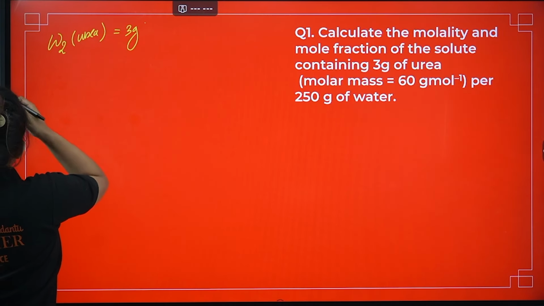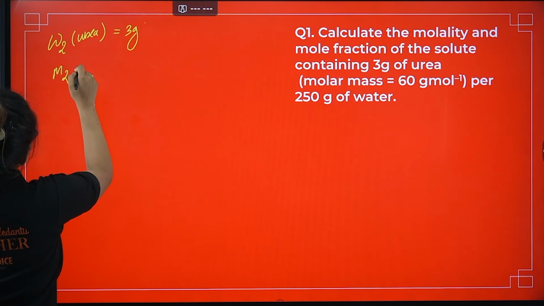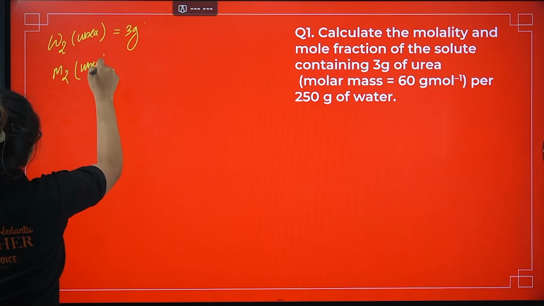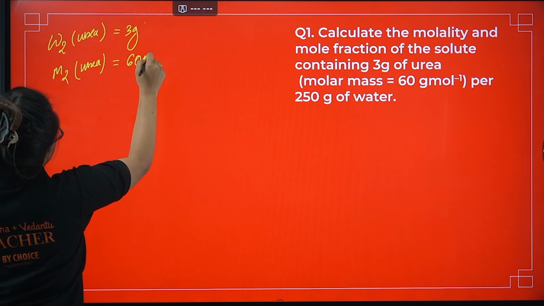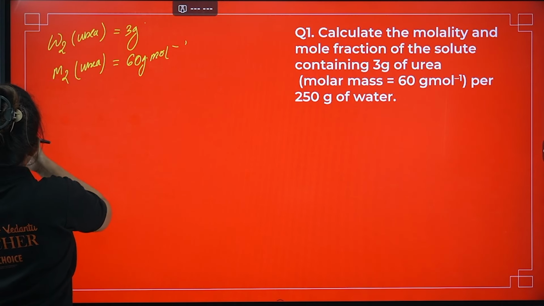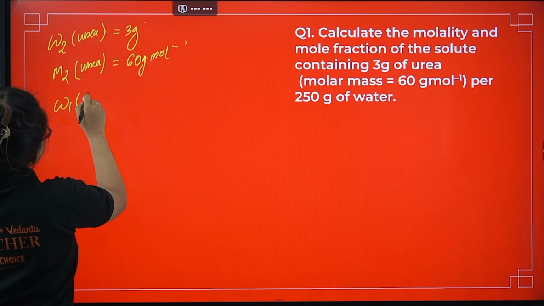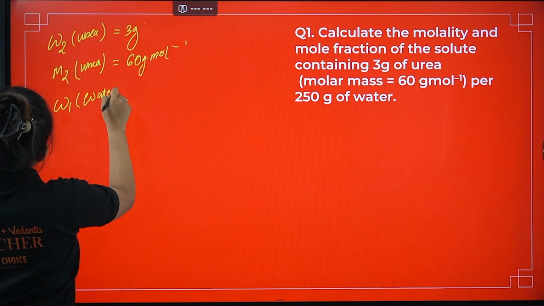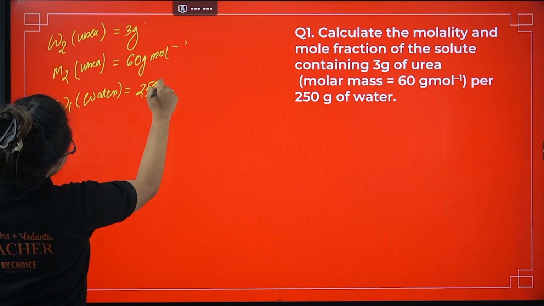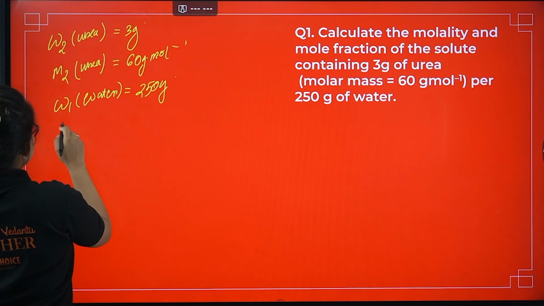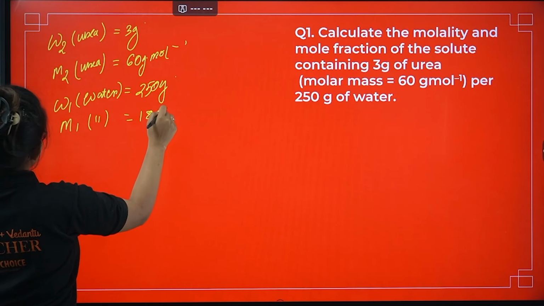Then molecular weight of urea, that is M2 of urea, is basically 60 gram per mole. Next, mass of water. So W1 means weight of the solvent, that is basically 250 gram. Now molecular weight of water, M1 of water, that's going to be 18 gram.